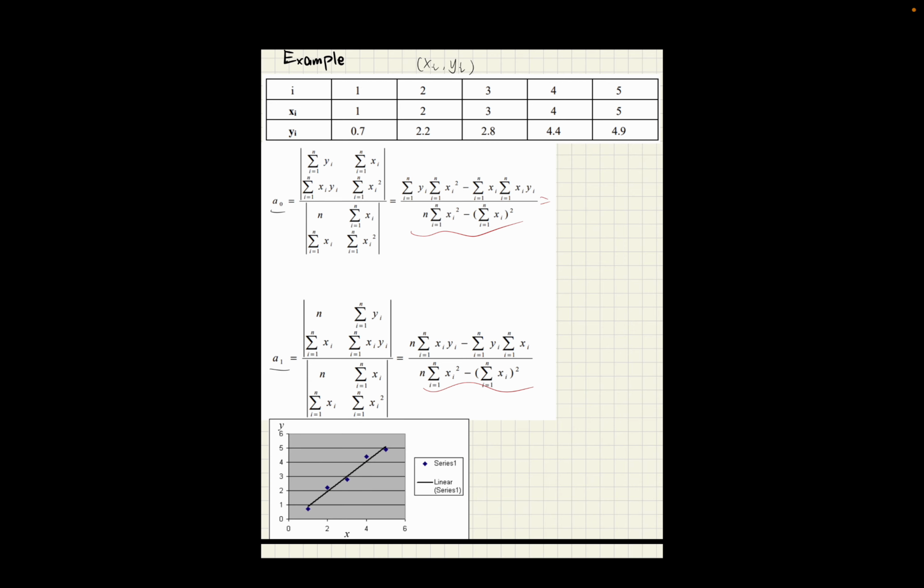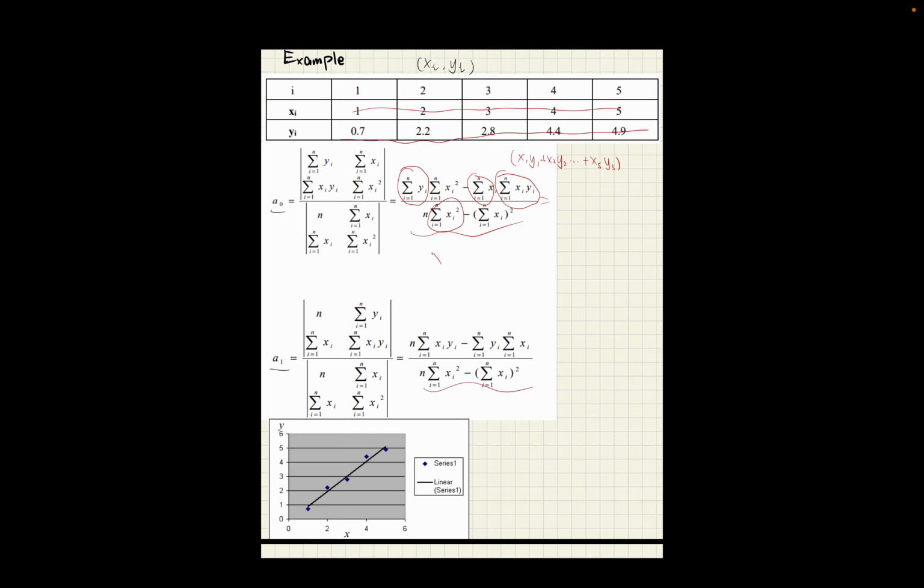As you can see, it's quite easy, because this one is just the summation of all these values here, and this one is the summation of all these values here, and the others are much alike. xi yi, you do x1 y1 plus x2 y2 all the way to x5 y5.